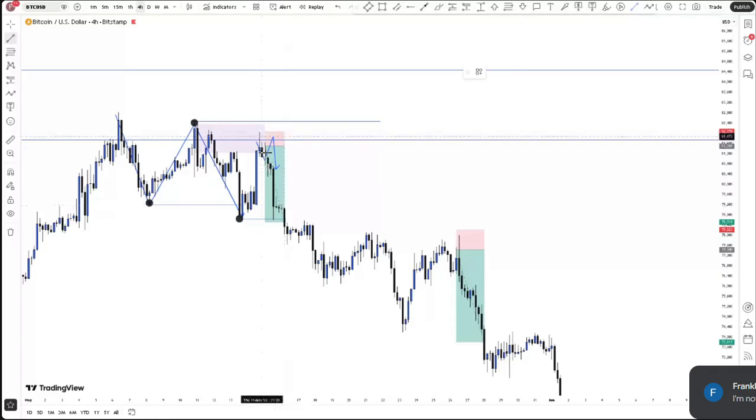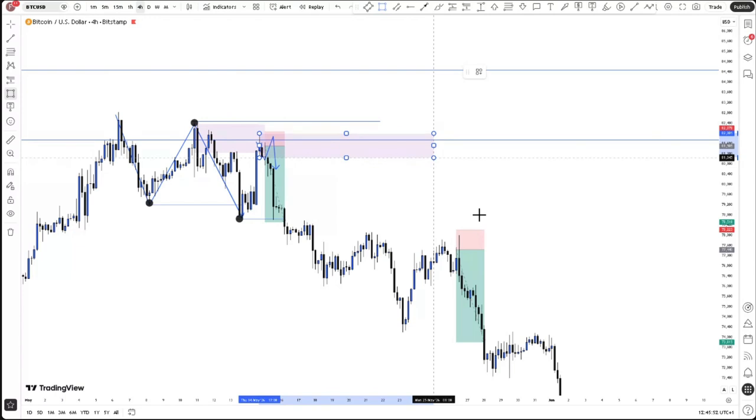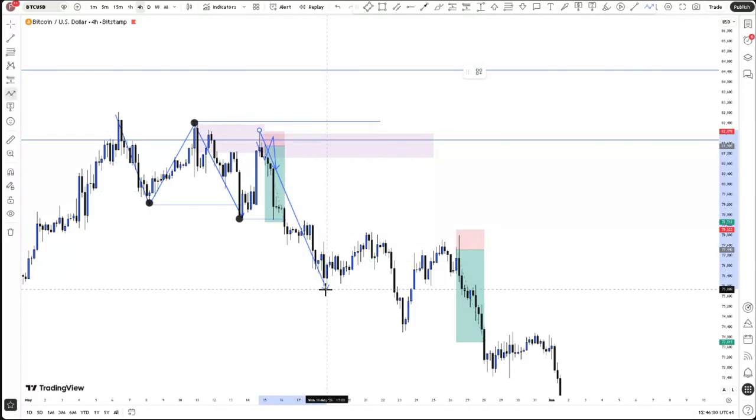Now, after the breakout, we expected price to come back here, which price did not come back. Okay, so what happened? Price did a sell-off, did a pullback, and gave another breakout. All right, the moment you have this breakout, you do the same thing.